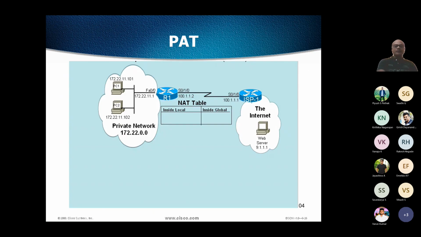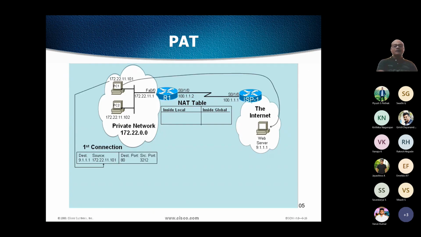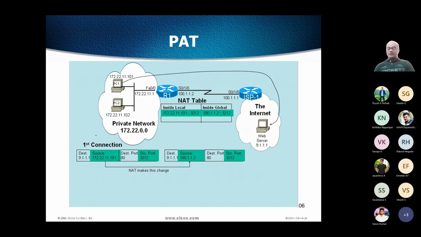Okay, so let's talk about how this PAT is going to work. As you know, the first connection, just pay some attention, guys. The destination is 9.1.1.1, which means this is my web server. When this guy wants to communicate with my web server, how will the NAT table work? It makes an entry. The source IP address is 172.22.11.101, and the destination port is 80, which means your web server.